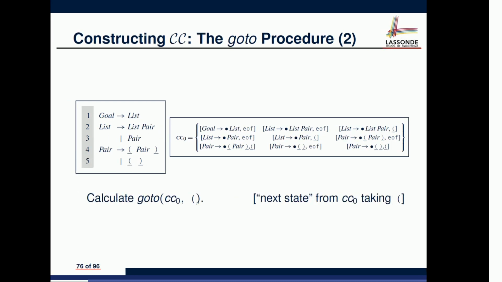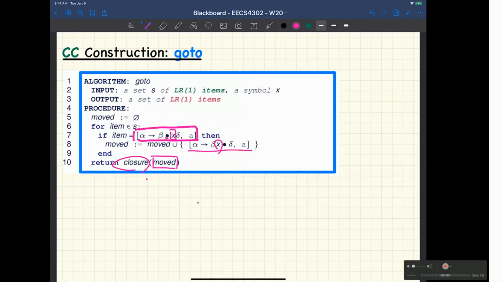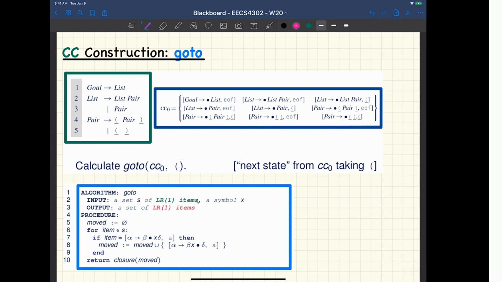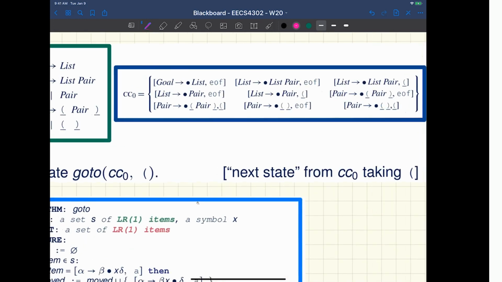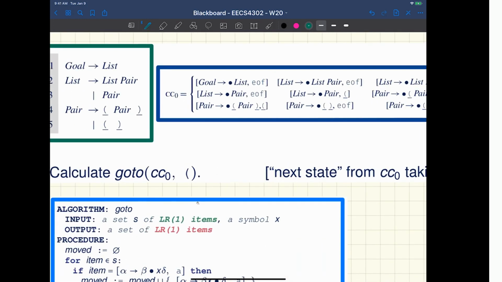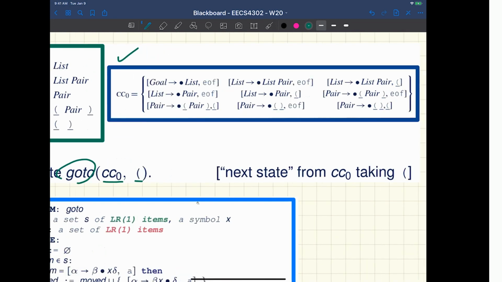That's how we started last time, but let's do it a little more carefully, and I'll point out what you should really watch out for. We want to calculate the Goto for CC0, this set, by taking a closing parenthesis. The critical thing is that not every item in this source set, as I call it, will trigger a new item in the resulting state.